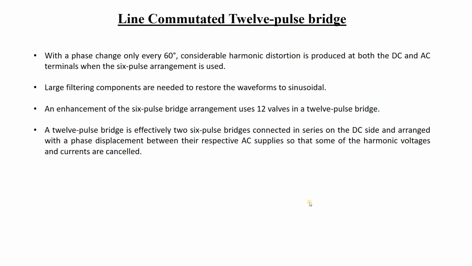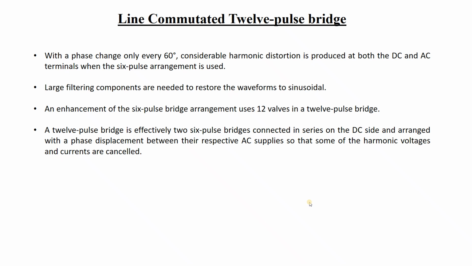So a 12 pulse is effectively two 6 pulse bridges connected in series on the DC side and arranged with a phase displacement between their respective AC supplies so that some of the harmonic voltages and currents are cancelled. So it is a combination of two 6 pulses in series.